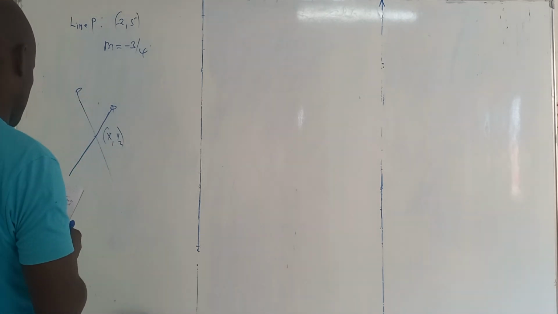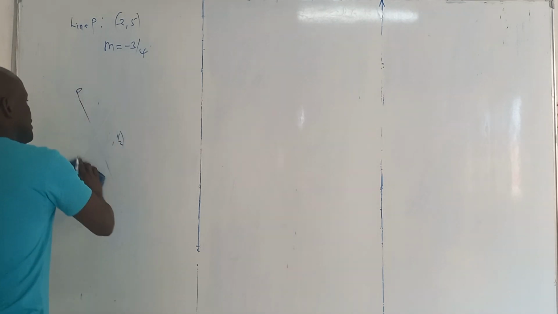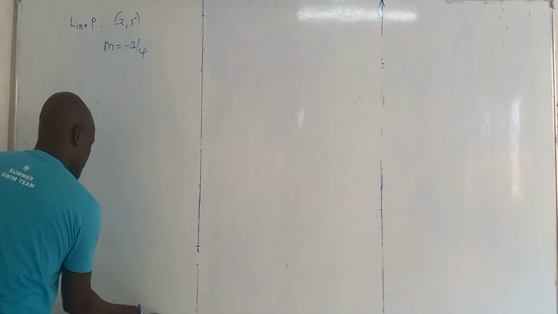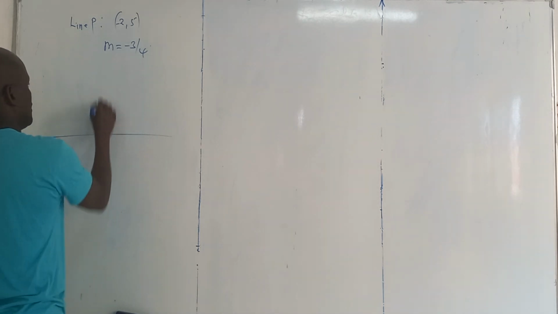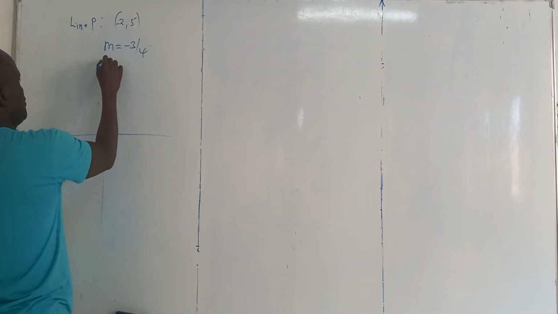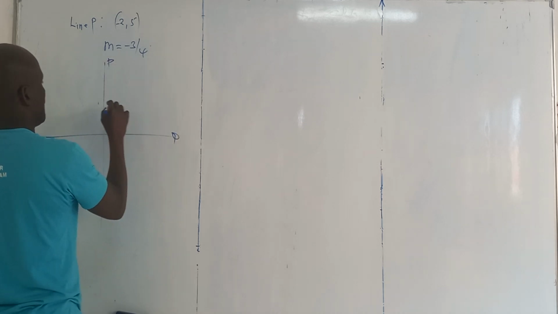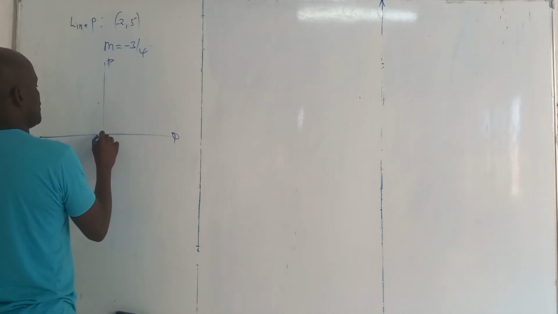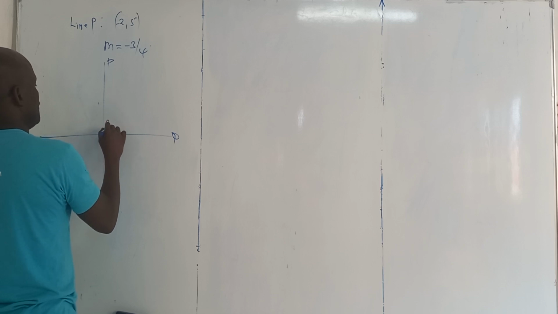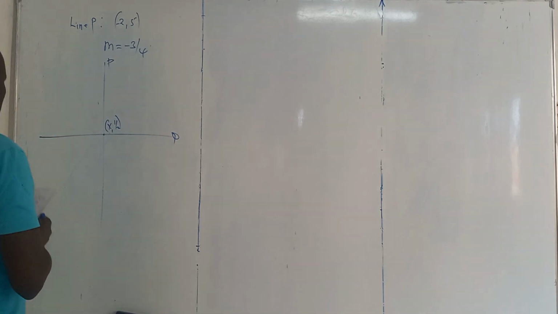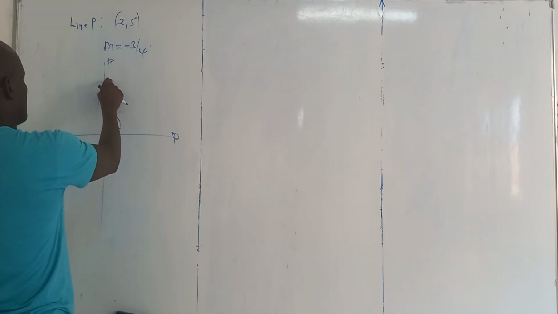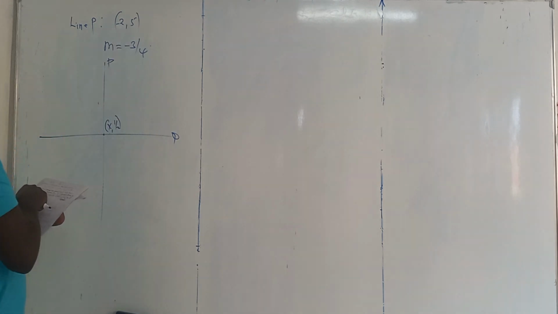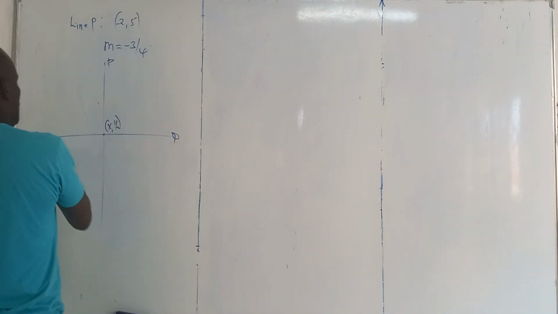They are perpendicular, they don't just cross, so I need a better drawing. If this is P and this is Q, we are told that at the point of intersection, the coordinate of x is unknown, but y is known to be a half.